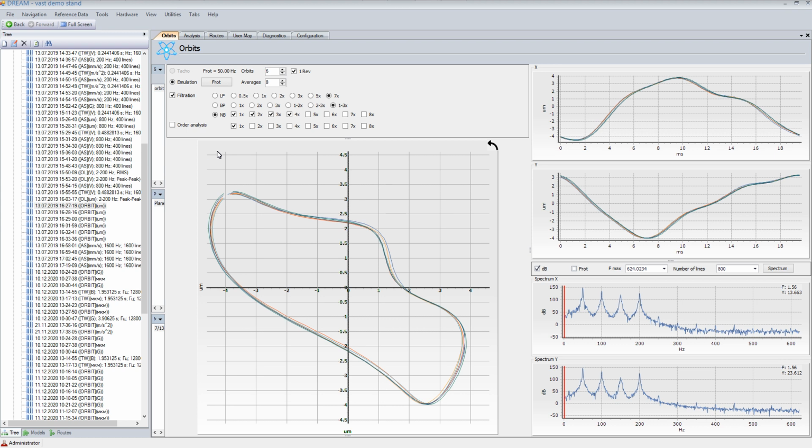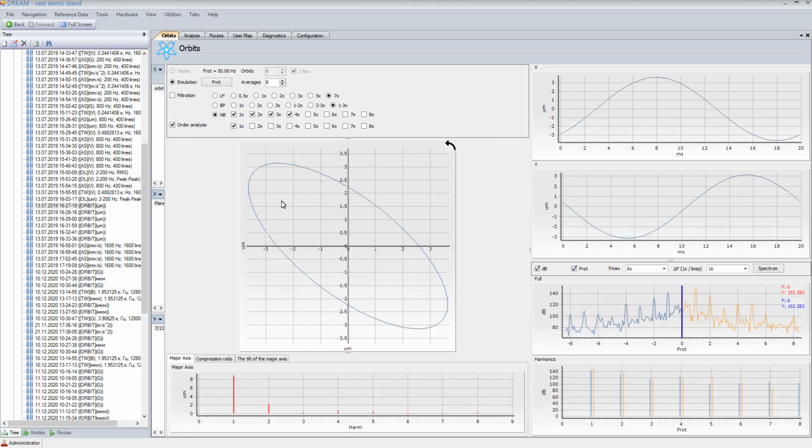The last one is the order analysis. The order analysis is used for the full spectra analysis. So here we have not an auto spectrum but the full spectrum. What is a full spectrum? We have 2 signals in 2 different directions, and from them we combine a complex signal that has a real and an imaginary part.